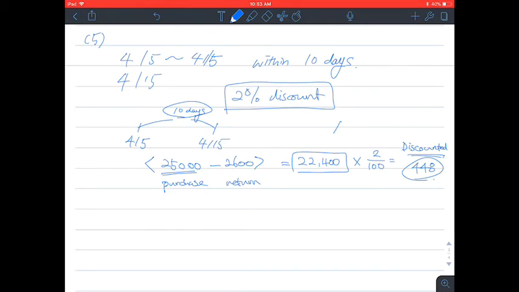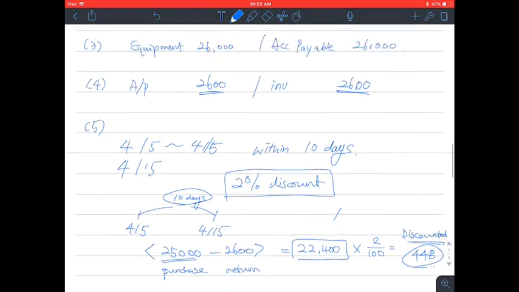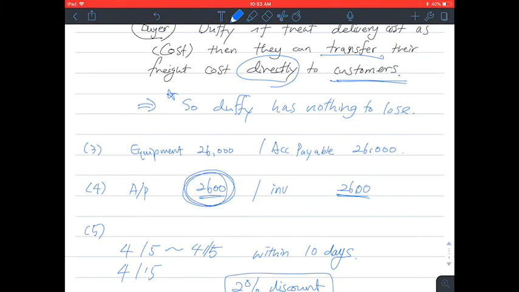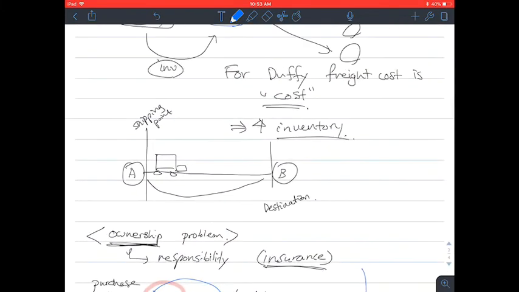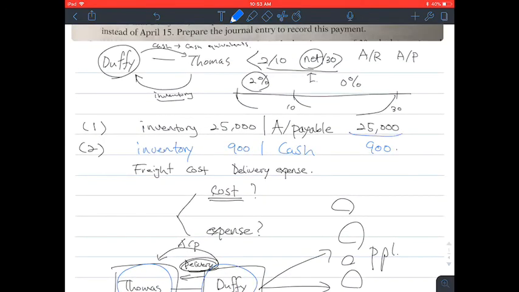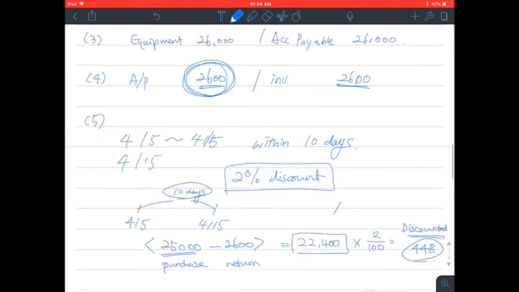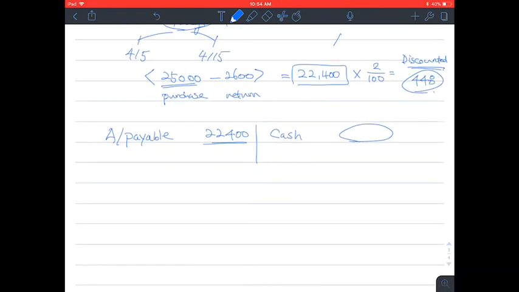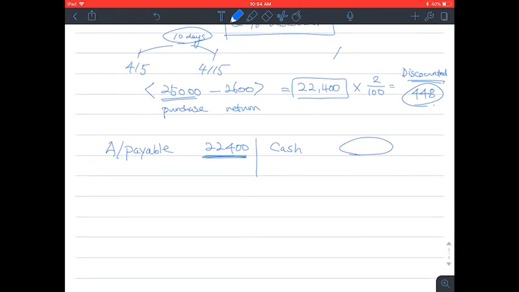So you're going to pay some money, right? So there will be cash out by some amount. And you're going to reduce your accounts payable, which was this amount, because you already had this journal entry and this journal entry. So you only have accounts payable of this amount for this item.